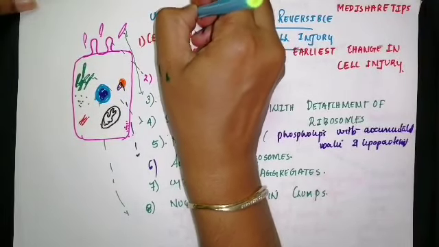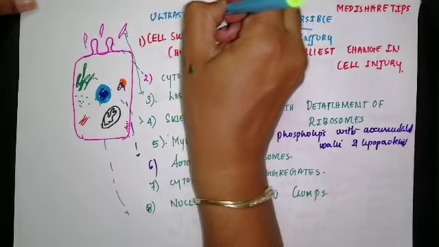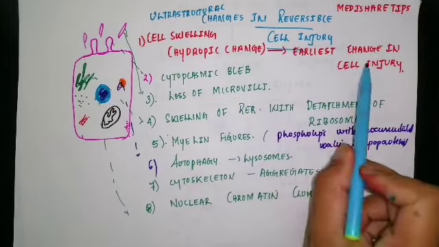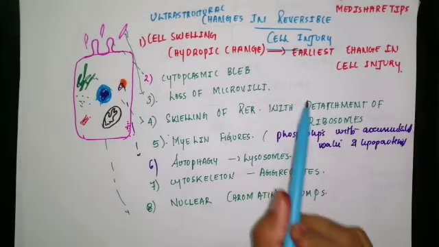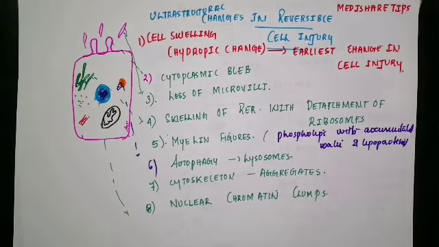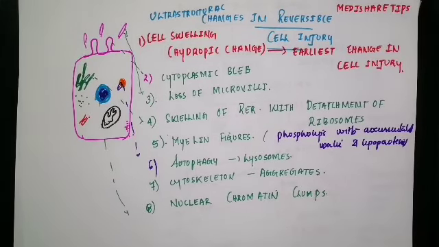Cell swelling or hydropic change is the earliest change. Second, cytoplasmic bleb formation, loss of microvilli, swelling of rough endoplasmic reticulum with the detachment of ribosomes leading to decreased protein synthesis. Myelin figures, which are phospholipids with accumulated water and lipoproteins. Lysosomes exhibiting autophagy, cytoskeleton aggregates, and clumping of nuclear chromatin. These are the ultrastructural features of reversible cell injury.